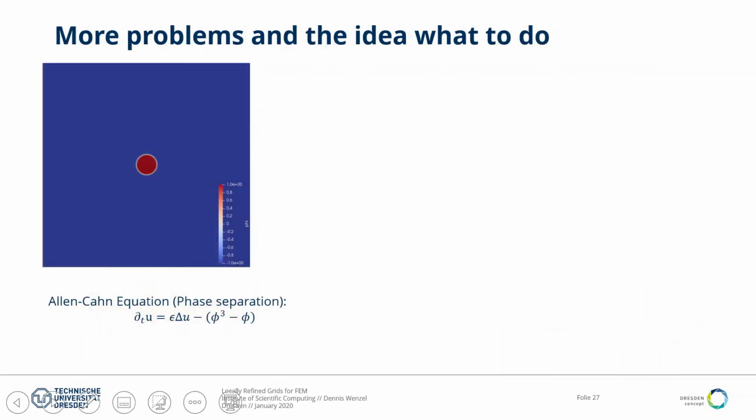And yeah, to make this whole thing a bit more drastic, I have another example for you. What you see here is one time step of the Allen-Cahn equation. It's a time-dependent problem, so you have a time derivative involved here. And then essentially this is a reaction diffusion problem.